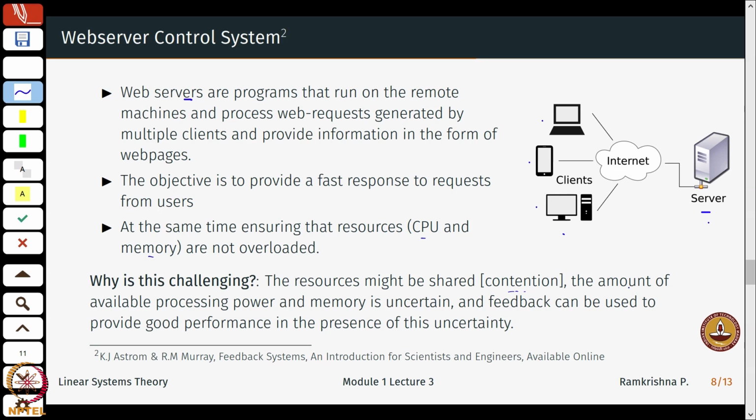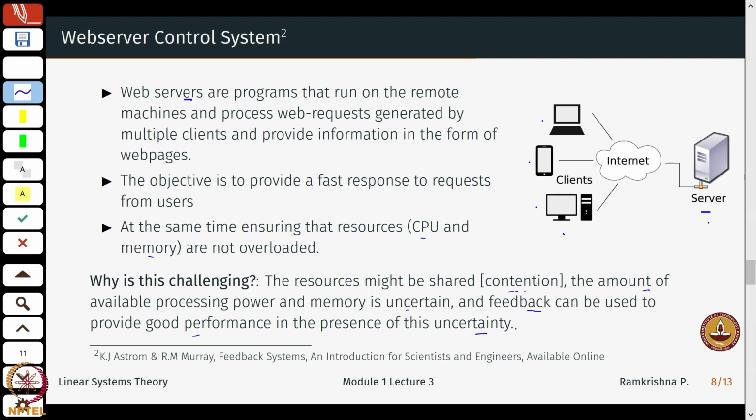Therefore, in many cases the amount of processing power and memory is uncertain and also limited. And the question we can ask, in a control course, is: can we use feedback control theory to provide good performance in the presence of limited resources and also uncertainty?